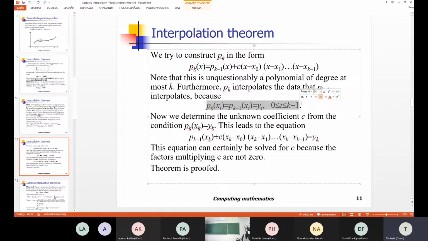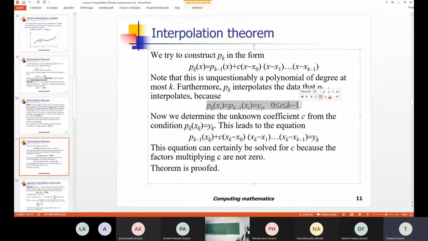Now let's consider coefficient c. And let's find the coefficient c from the last condition. And the last condition tells us that Pk of xk equals yk. xk, yk is the last point, and from this condition we can find the coefficient c.